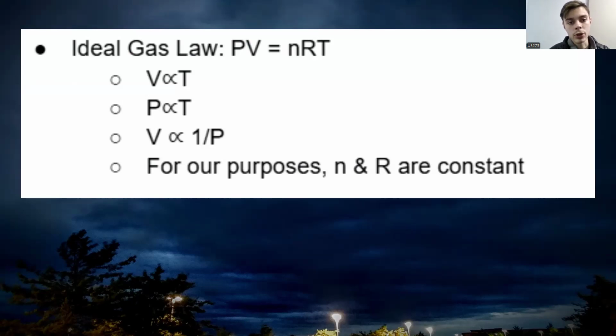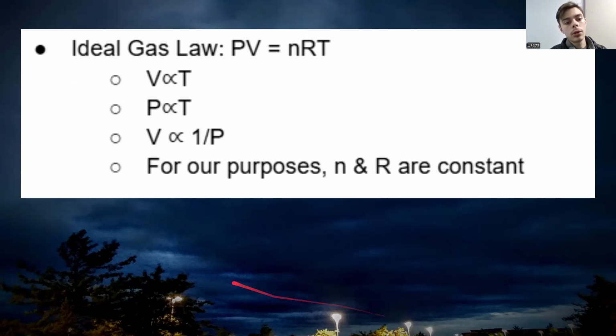P, of course, is pressure, V is volume. N and R are constant in our case. N is number of moles, and that's definitely not something that's constant in our case, but R is a constant value in most cases anyway. So you don't have to worry about N and R. And then T is temperature.